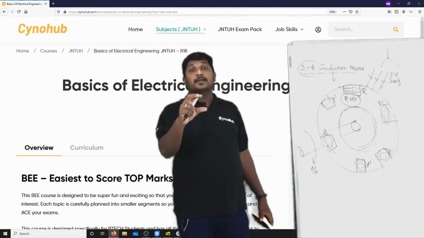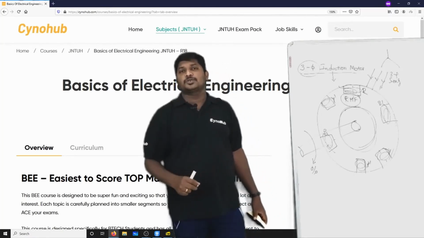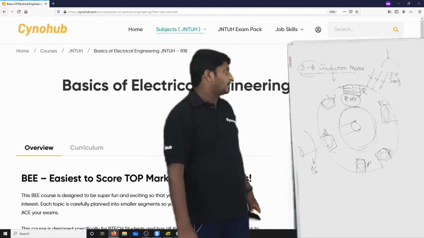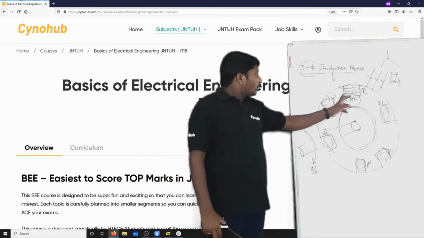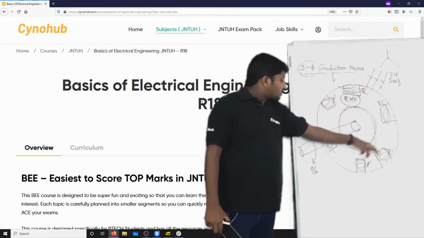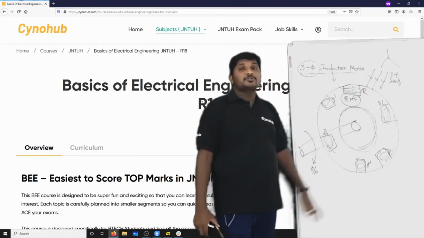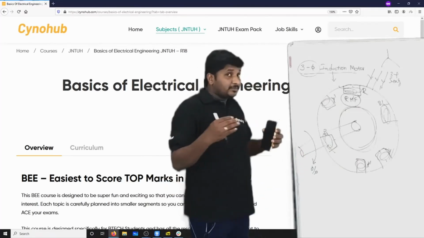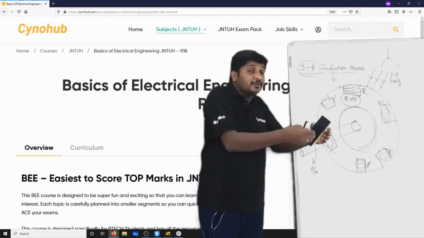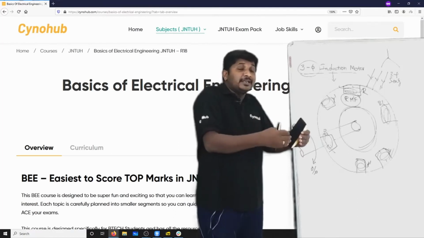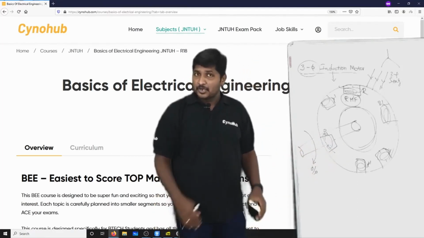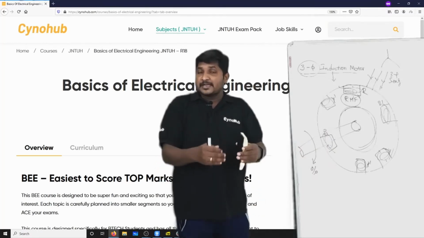What is a rotating magnetic field? I have a video where I explained it using all the vector diagrams. It is also one of the important questions. So, all electrical people will get a rotating magnetic field. The name tells us that the magnetic field is rotating. Are you understanding me? Rotating magnetic field means the magnetic field is rotating.